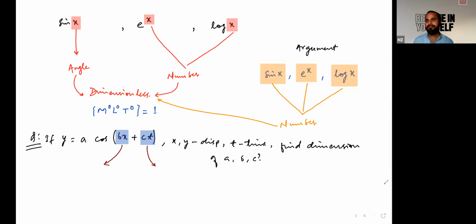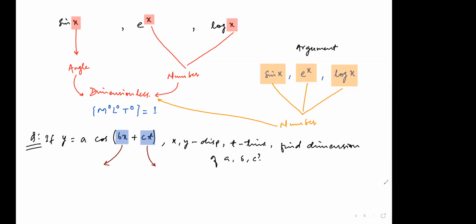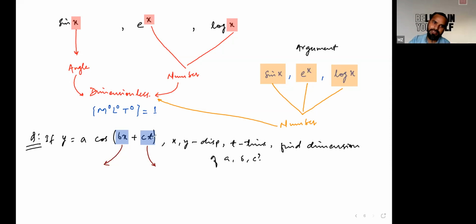Savan, yes, sir. Which quantity would be represented by this particular bx and ct? Just see, here it is cos. So it is defined only for any angle, as we have already defined it, like sine of x.